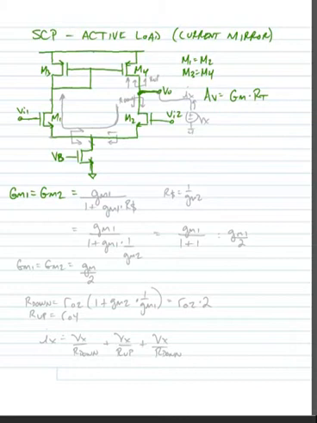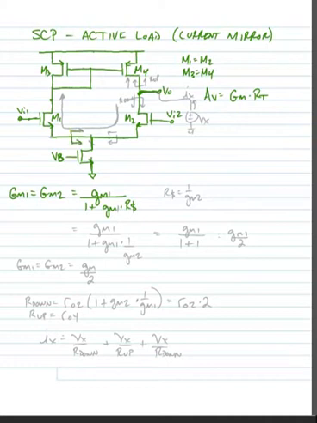This is also a common source amplifier since we're taking the input on the gate and the output on the drain. The generic form for GM for a common source amplifier is GM divided by 1 plus GM times whatever resistance we see in the source.